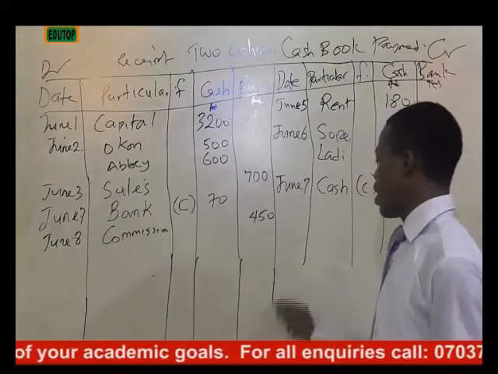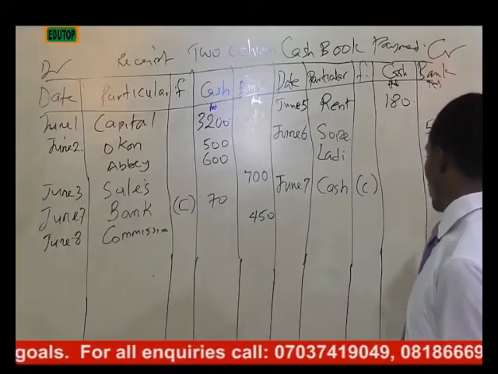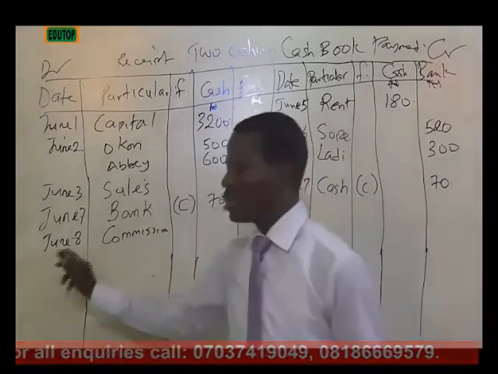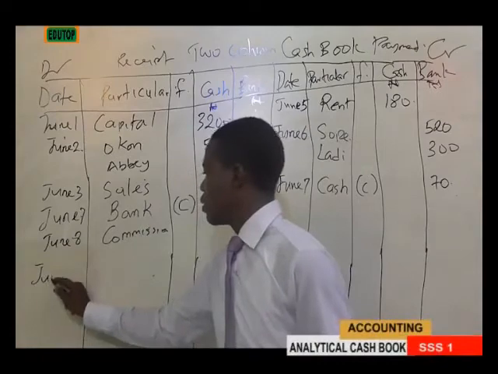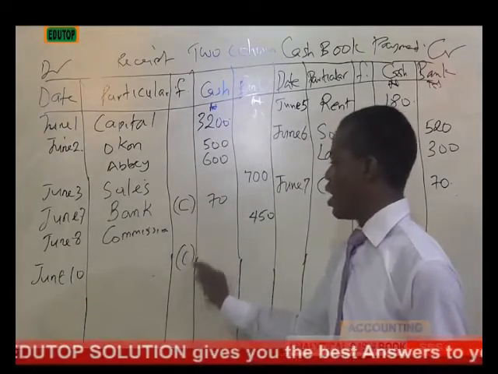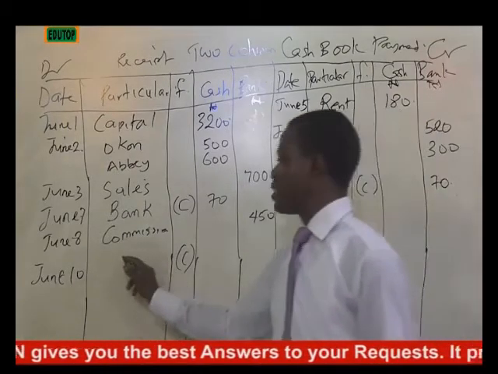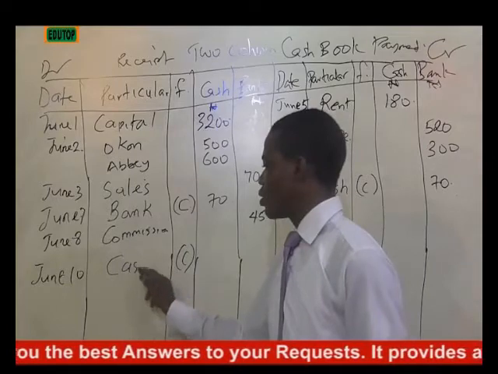Then you write June 10. Don't forget contra entry. So what you will now write is cash.